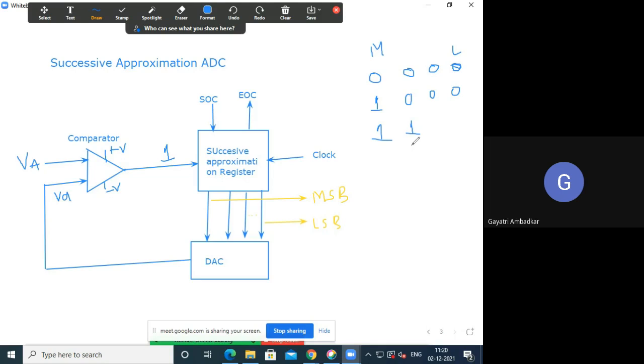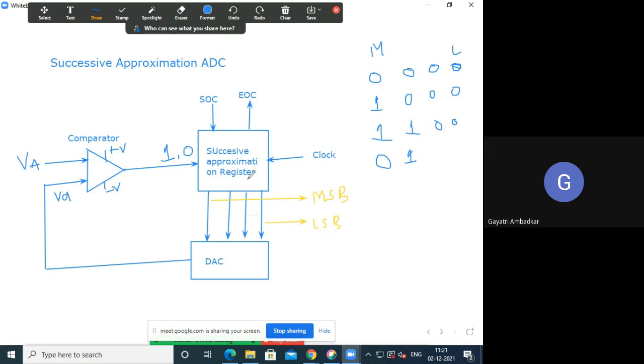It sets the first MSB to 0 and makes the next one 1. Are you getting it? If it receives 1 again, the second MSB is again set to 1 and the rest are 0. But if it receives 0, it makes the first MSB 0 and the second one 1.